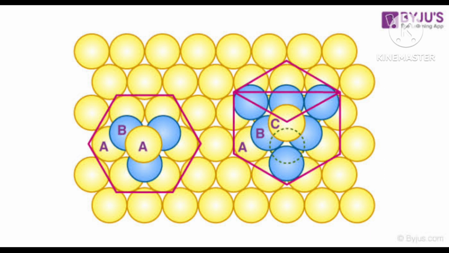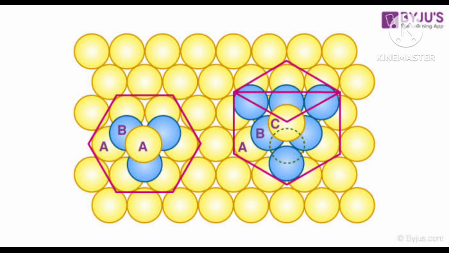In A, B, A, the first and third are exactly aligned, the same arrangement. Only between the two A's, the B will be different.